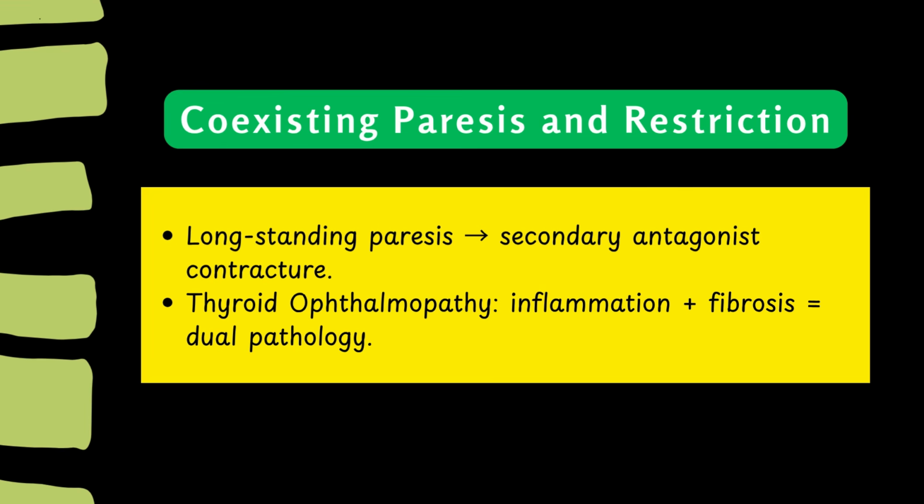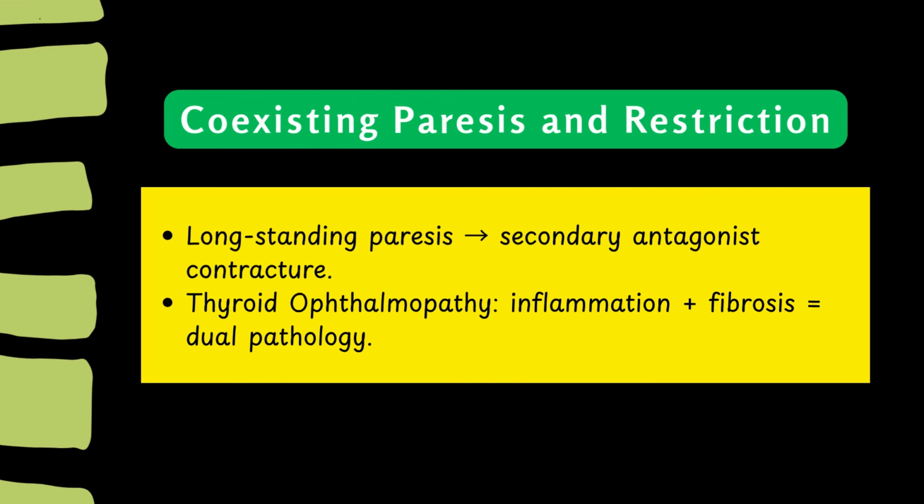For example, in an orbital floor fracture, a muscle may appear weak, but the real problem might be both entrapment as well as paralysis. So when you see a restricted movement, don't stop just at the mechanical explanation. Restriction can also hide a weaker agonist, especially in thyroid orbitopathy or long-standing cases. If you don't assess both the components, you risk basically mistreating the condition.